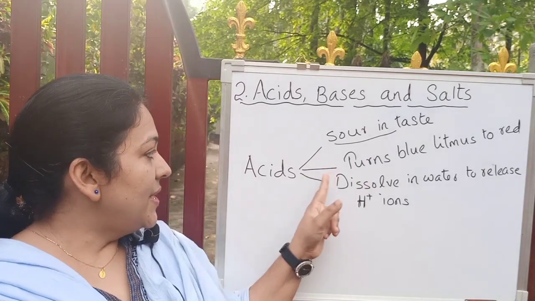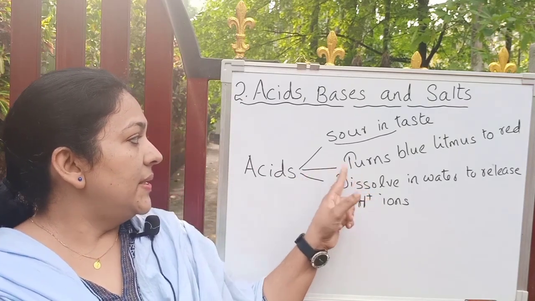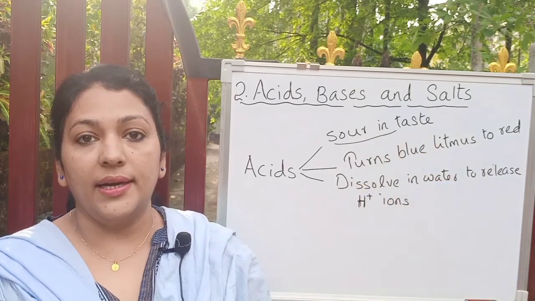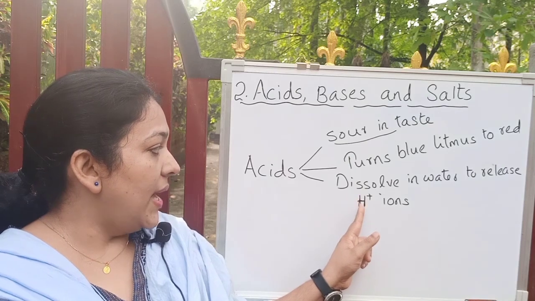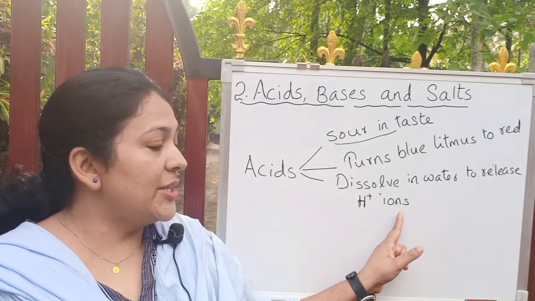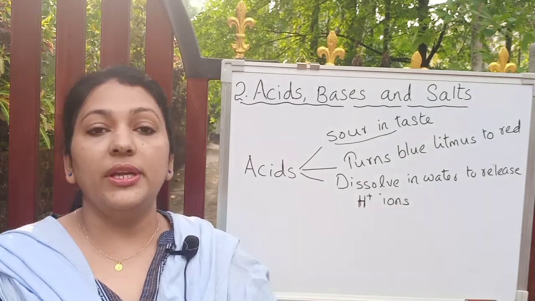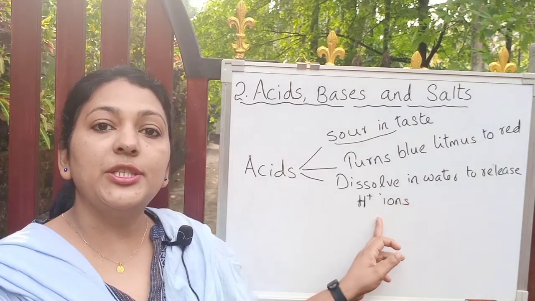Now the second characteristic is that an acid turns blue litmus to red color. And the third characteristic is that acids dissolve in water to release H plus ions. So when acids are mixed with water, they release H plus ions.